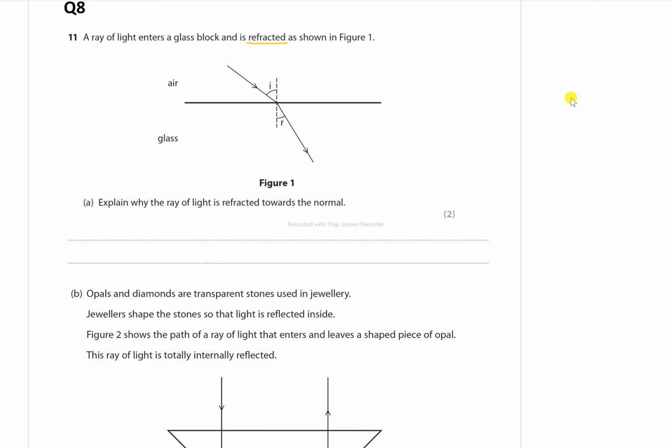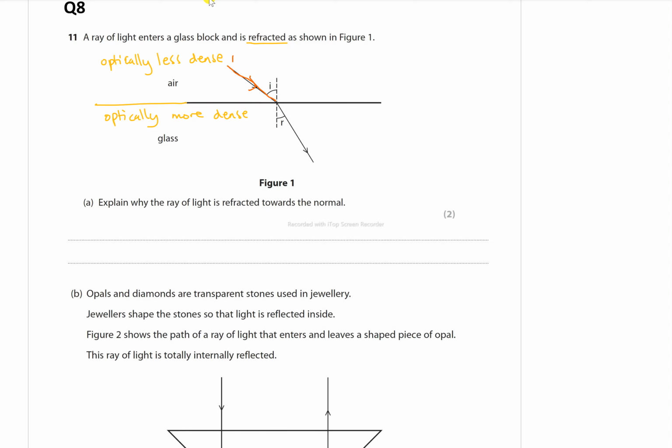Right. So a ray of light enters a glass block and is refracted. Now watch this. I want you to know that air is optically less dense. This is optically more dense. So you've got a ray coming in.